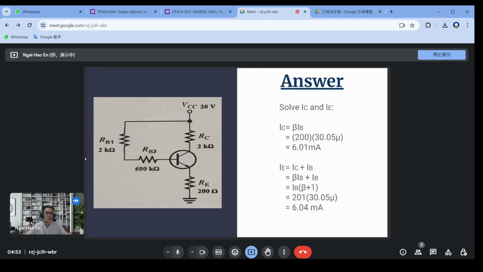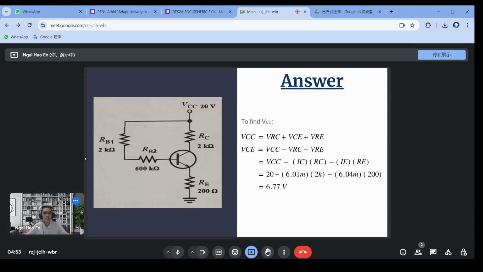Here, IC is equal to 6.01 milliampere and IE is equal to 6.04 milliampere. Substituting into the equation, we get VCE equal to 6.77 volt.